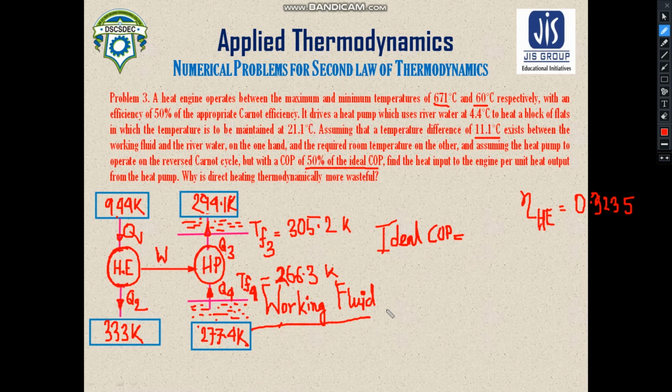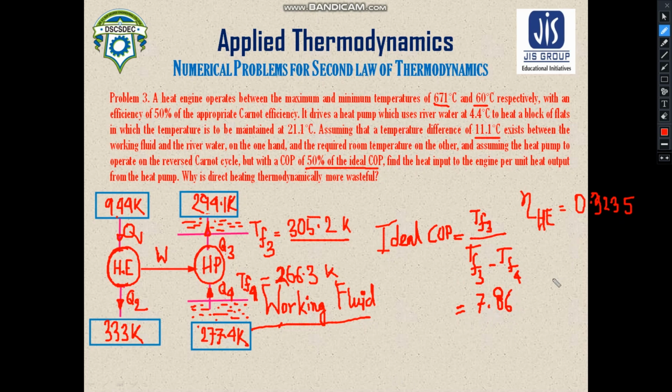So ideal COP can be calculated as TF3 divided by TF3 minus TF4. Now you know this TF3 as 305.2, and you know this TF4 as 266.3. So you will find the COP becomes 7.86.